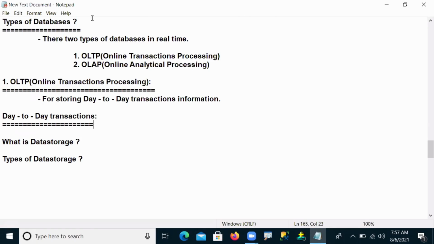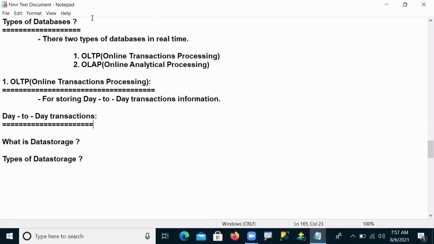Observe, suppose we are doing some transactions online. For example, if you go to any banking sector, when you want to transfer money, withdraw money or deposit money, when you do these operations we definitely get some information.